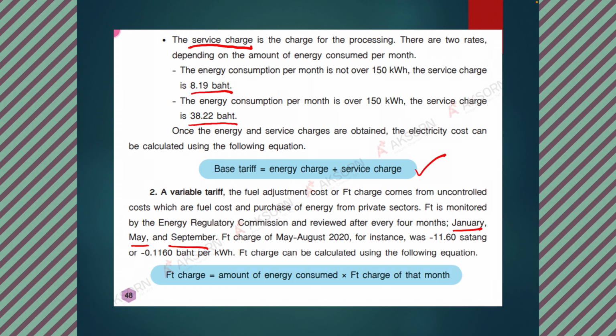FT charge of May to August 2020, for instance, was minus 11.60 satang, or minus 0.1160 baht per kilowatt hour. FT charge can be calculated using the following equation. So, in order to get the variable tariff, or the FT charge, the amount of energy consumed is multiplied by the fuel adjustment cost of that particular month. Okay? This is it.